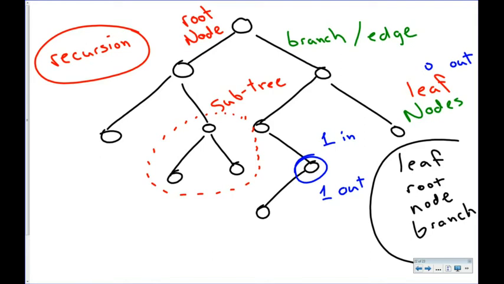We also know something about the root node. What's true of the root node? It'll always have an in degree of 0. Root nodes will always have a 0 in degree. But for any other node, it could be different, right? In this case, I've drawn what's called a binary tree because it all branches into 2s.